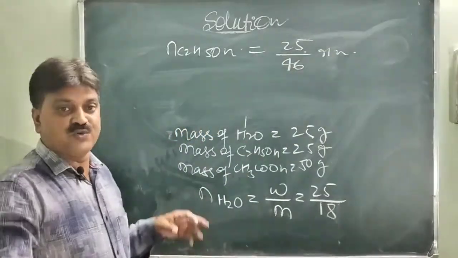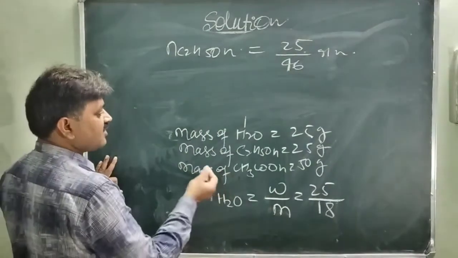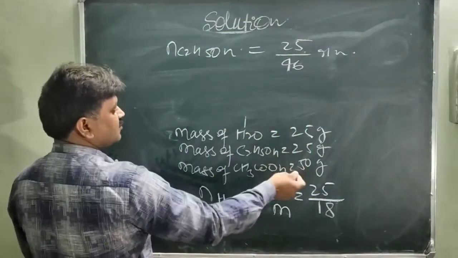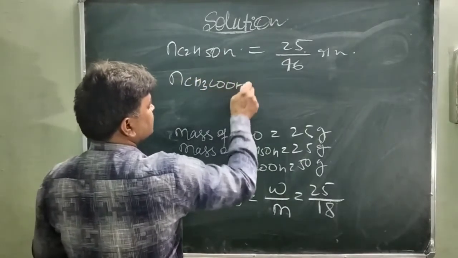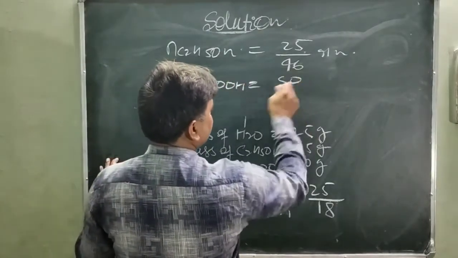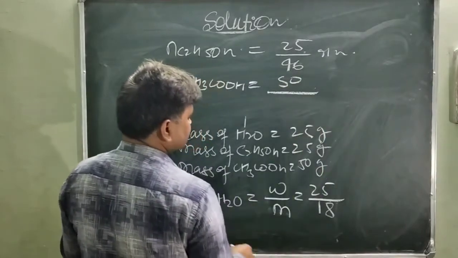The third component is given. The mass of acetic acid is given as 50 gram. So n of acetic acid, CH3COOH, is equal to 50 upon the molar mass of acetic acid.